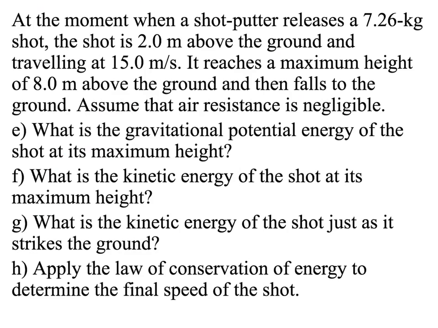Okay, so here are the rest of the questions, E, F, G, and H. So again, let's open up a new page and see exactly what we need to do. So for E, we need to find the gravitational potential energy as it reaches its max height.